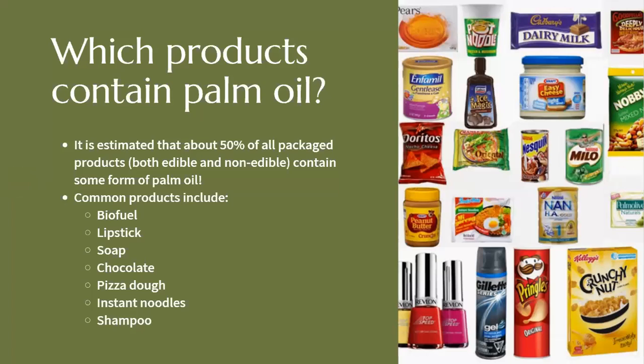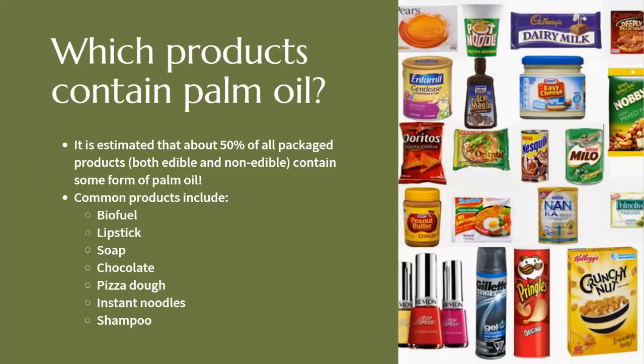As we said, this is in everything. Approximately 50% of all packaged products contain some form of palm oil. Francis is going to talk about the different ways that it can come up, because they're super sneaky. They know that we know that palm oil is bad, so they think, how can we confuse the consumer and make them still buy things? Well, let's change the name.